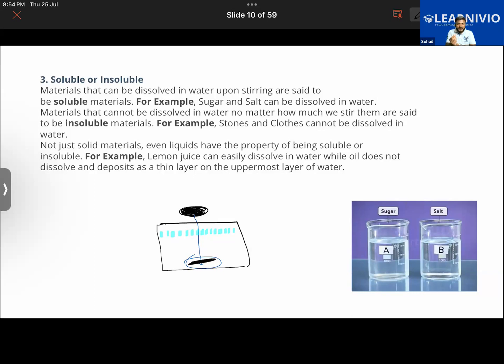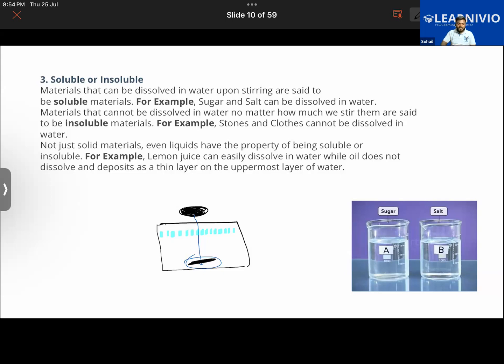A salt particle is still bigger than the water molecule. But when you stir it in the water, the salt particle breaks further into very small pieces. That's why it is able to fit in between those empty spaces and hence kind of disappears into those empty spaces. All of you getting what I'm trying to say?